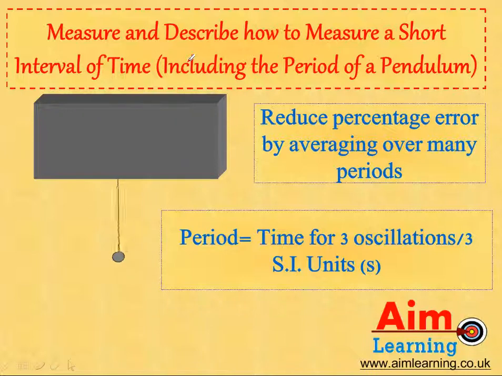You could time how long it would take to do 3 swings, for example, and divide by 3. Or even better would be, say, time for 10 oscillations and then divide by 10. In each case, the percentage error is going to be less the more swings that you actually time.